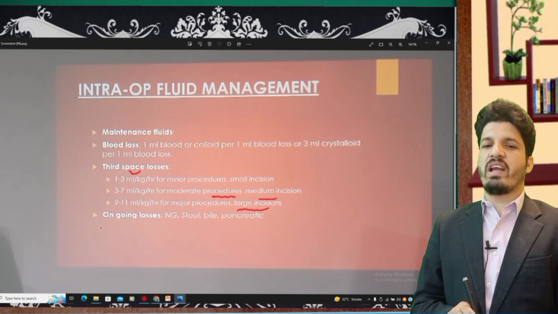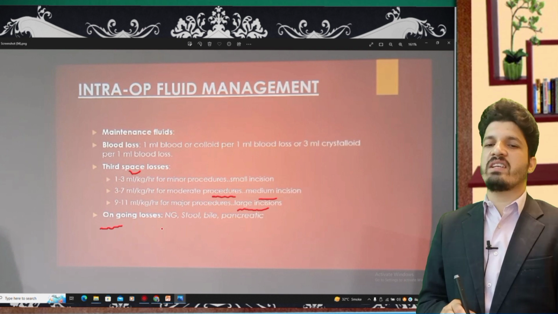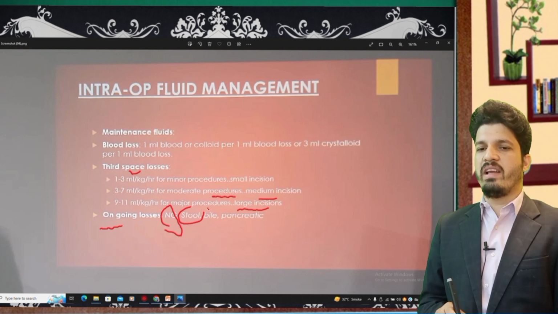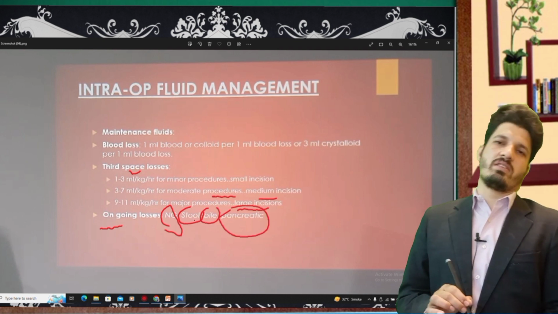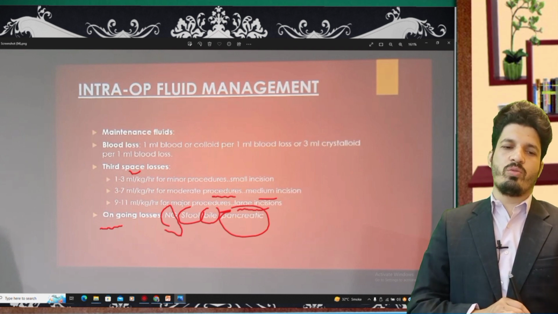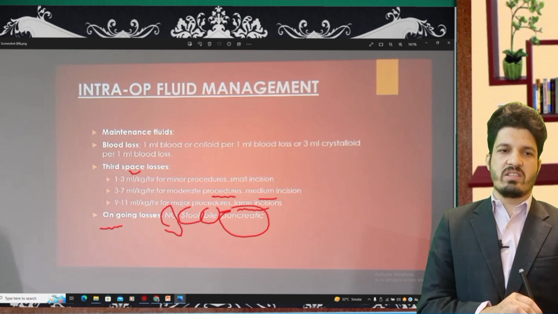And you will also calculate the ongoing losses, like from the NG, stool, bile, and the pancreatic secretions. So in intraoperative fluid management, you will look for these things very consciously.